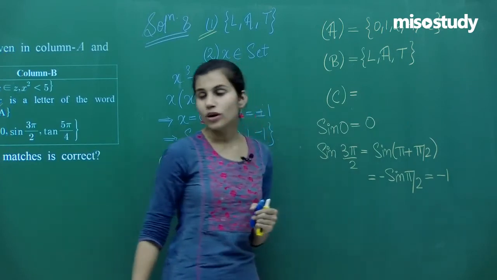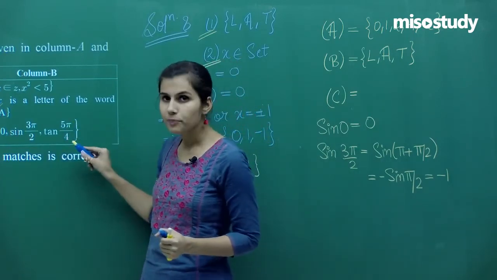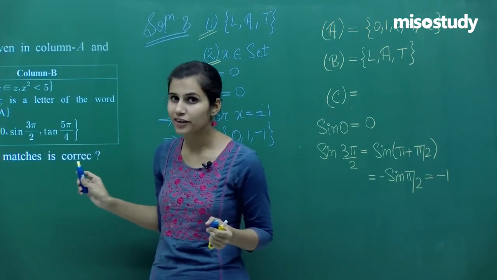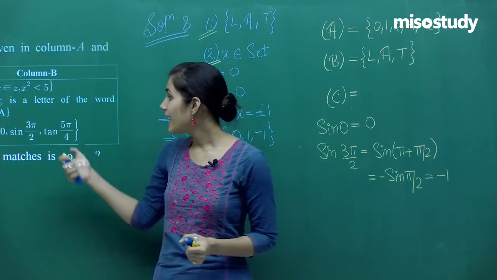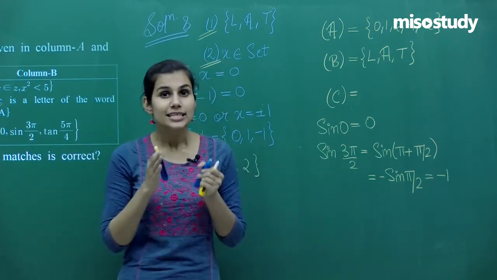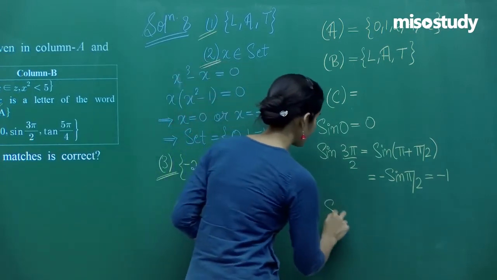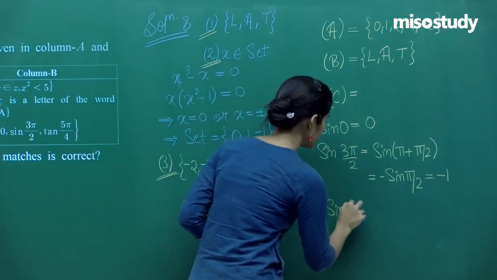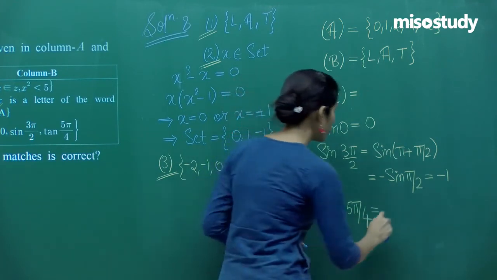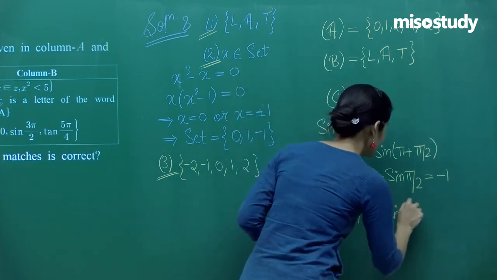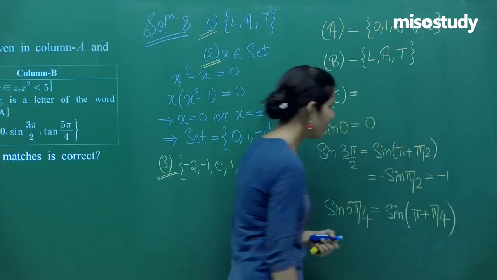If I tell you what is tan 5 pi by 4, you all know sine 5 pi by 4 upon cos 5 pi by 4 will give me tan 5 pi by 4. Therefore, to evaluate this, let us evaluate sine 5 pi by 4 and cos 5 pi by 4. Sine 5 pi by 4 can be written as sine of pi plus pi by 4.